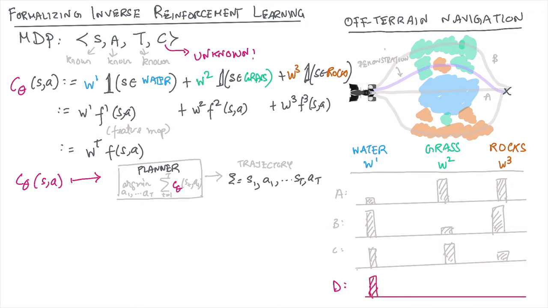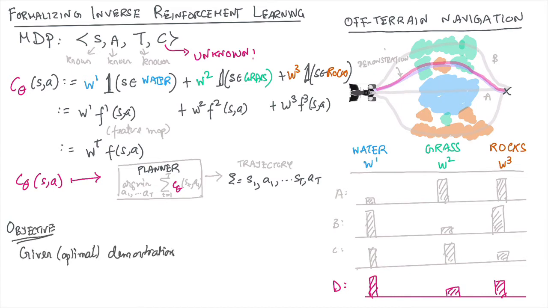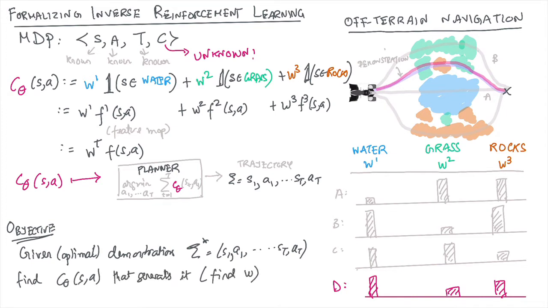So the objective is we're looking for a magic combination of weights that penalizes everything just right, so we produce a trajectory that matches the demonstrated human trajectory. Given optimal demonstrations psi human, which you can think of as a sequence of state-action pairs, find a cost function that generates it.